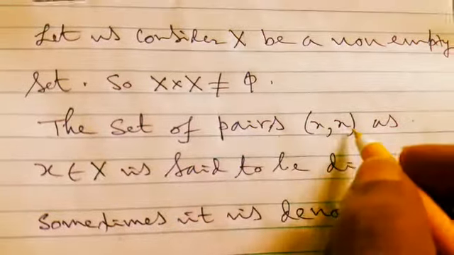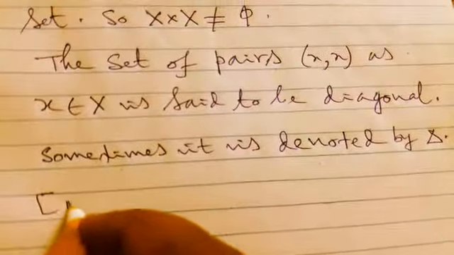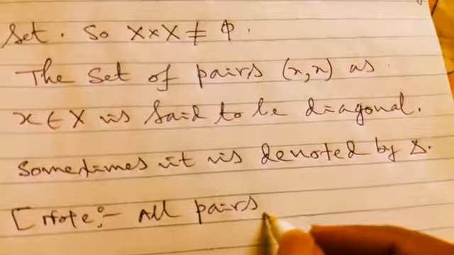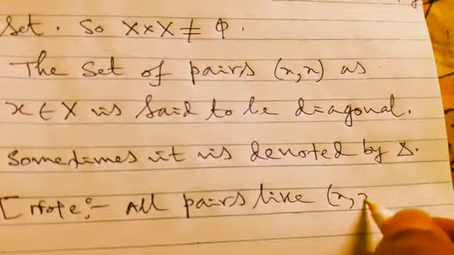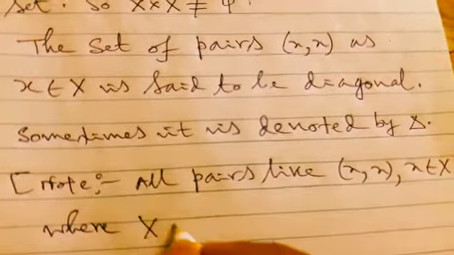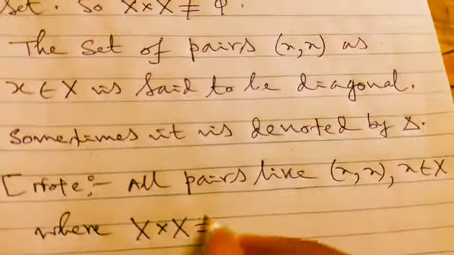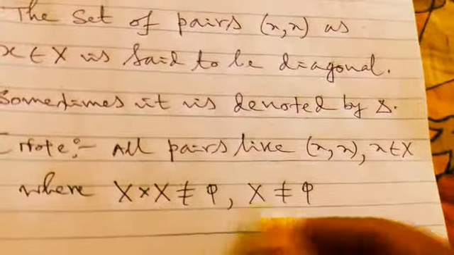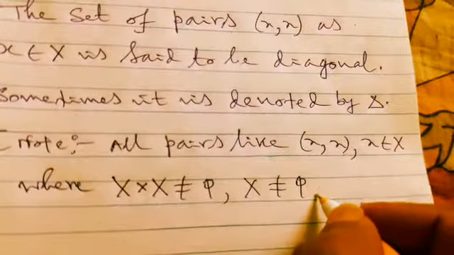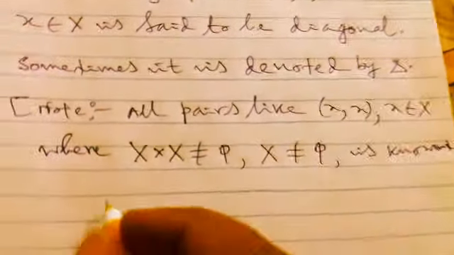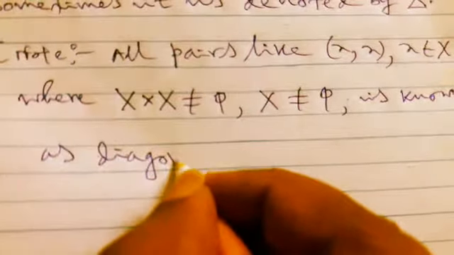It should be noted, the basic point, that all pairs like (x, x) where x belongs to capital X, where this X cross X is non-empty, since X is obviously not equal to the empty set, that's why it is non-empty, and all such pairs are known as the diagonal.